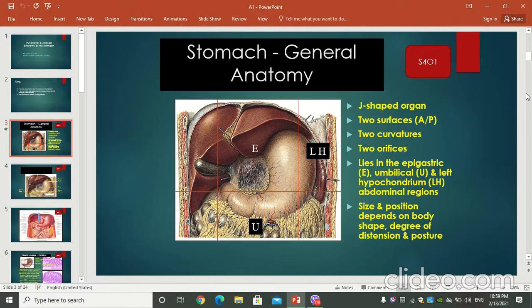It lies in the epigastric, umbilical, and left hypochondrial abdominal regions. The size and position are variable, depending on the body shape, degree of distension and posture.